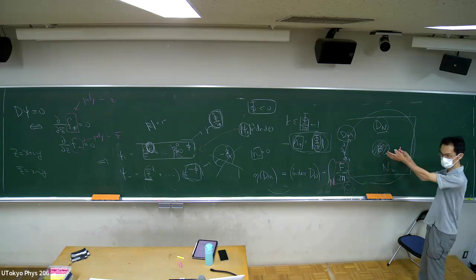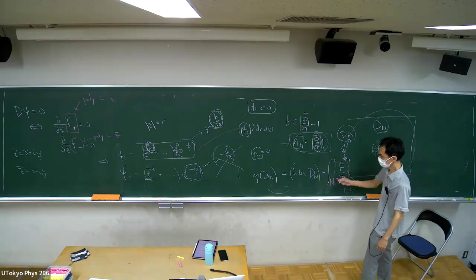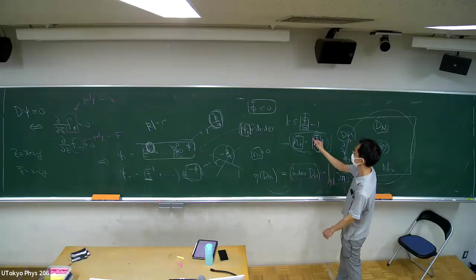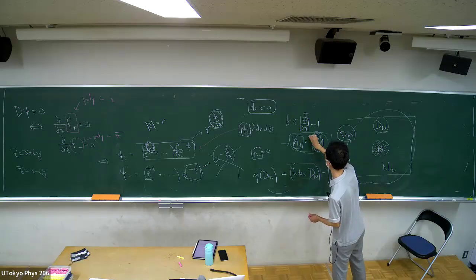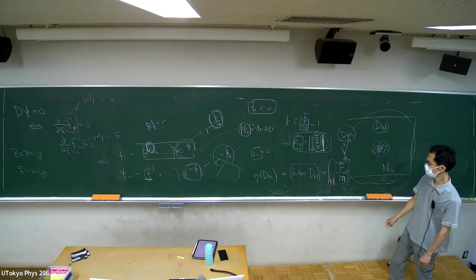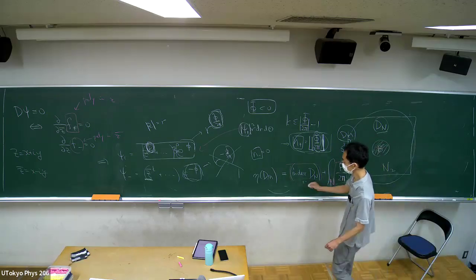I mean, it's a classical magnetic flux, so of course, it can have a non-integer part. But this part is an integer, by definition. Sorry, this is a floor function. So there's a small difference between the two.